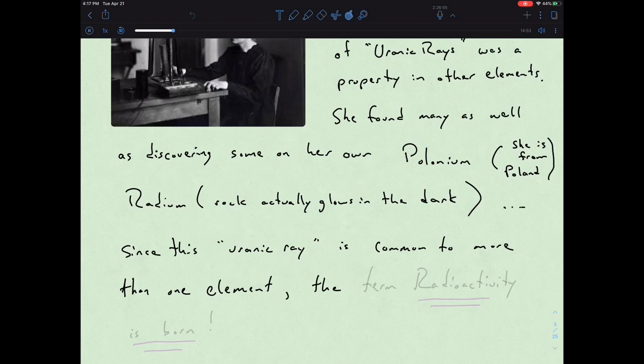The term radioactivity is basically born. And so that's all because of Curie.